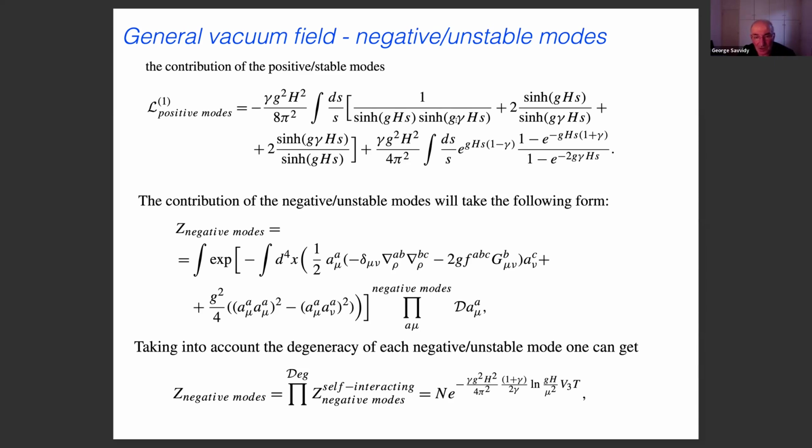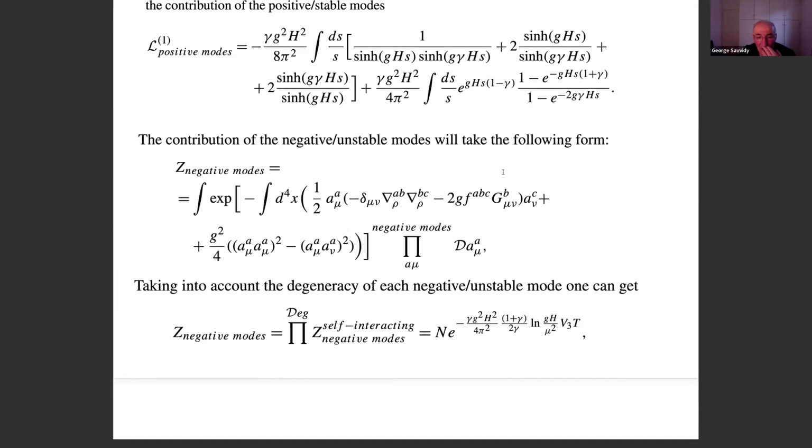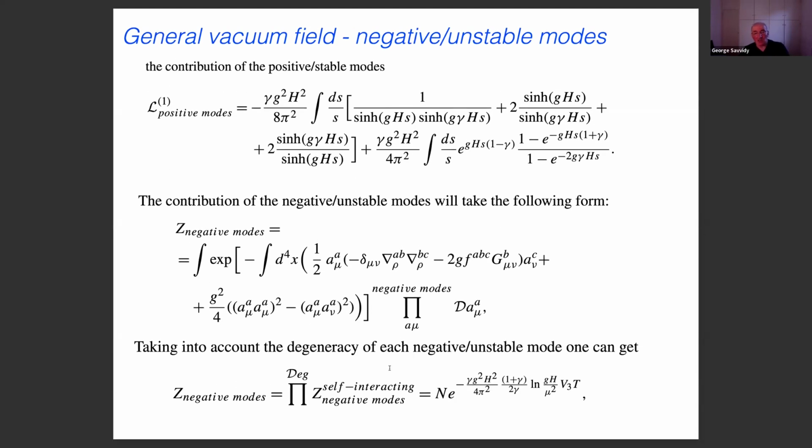But now there are more sophisticated terms depending on gamma. Now, what happens with the negative mode? This quadratic term now has a negative mode.